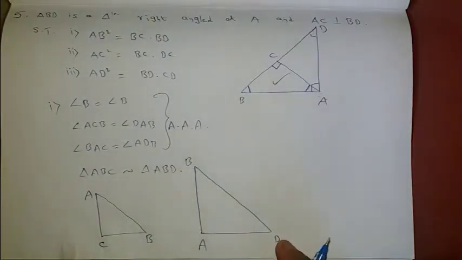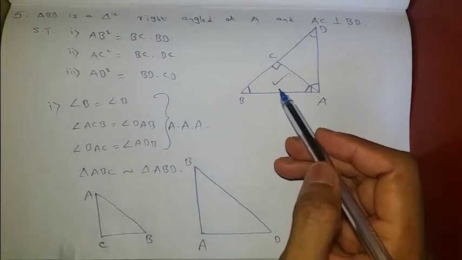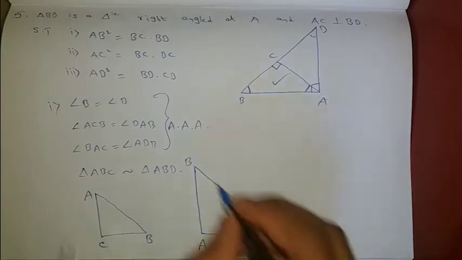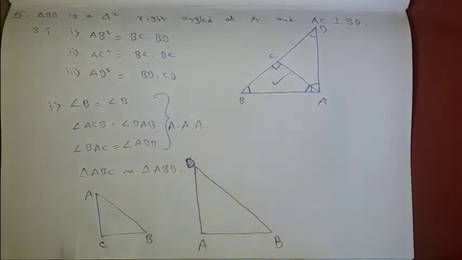Sorry, actually we made a small mistake, because for the smaller triangle as well as the total triangle, angle B is common, right? So if this is B, this is also compulsorily B, and then D. Okay, now let us check. Already we know these two triangles are similar, so let us write the corresponding sides.